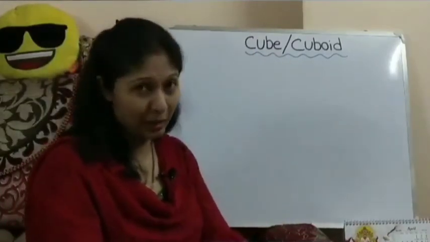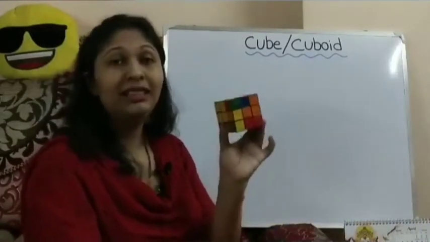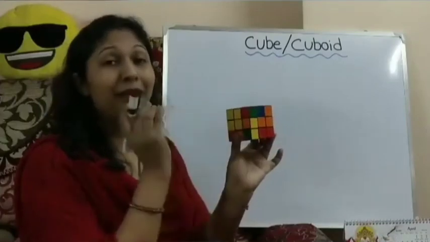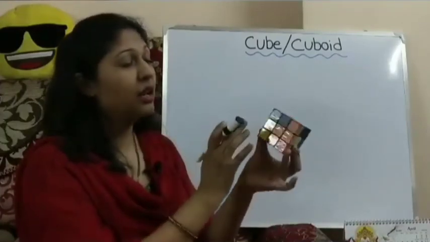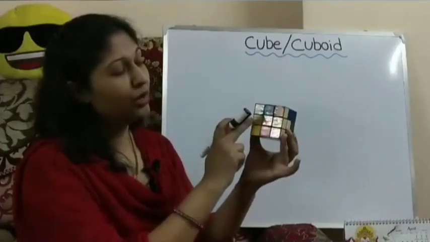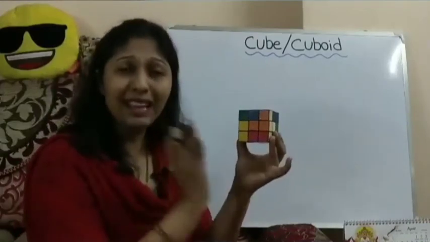So what is cube? See, this is like cube. Cube means its basic shape is like square. All this length, width, height, all sides are same and equal.